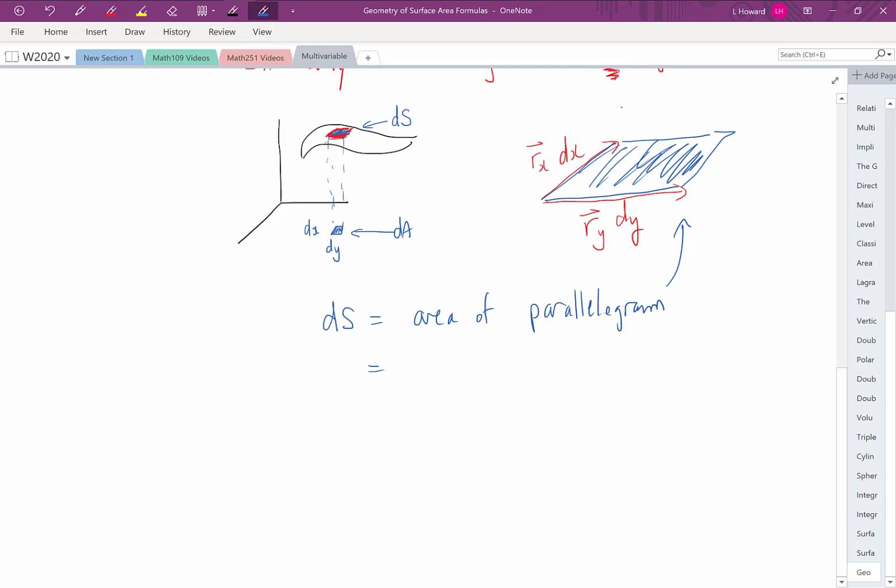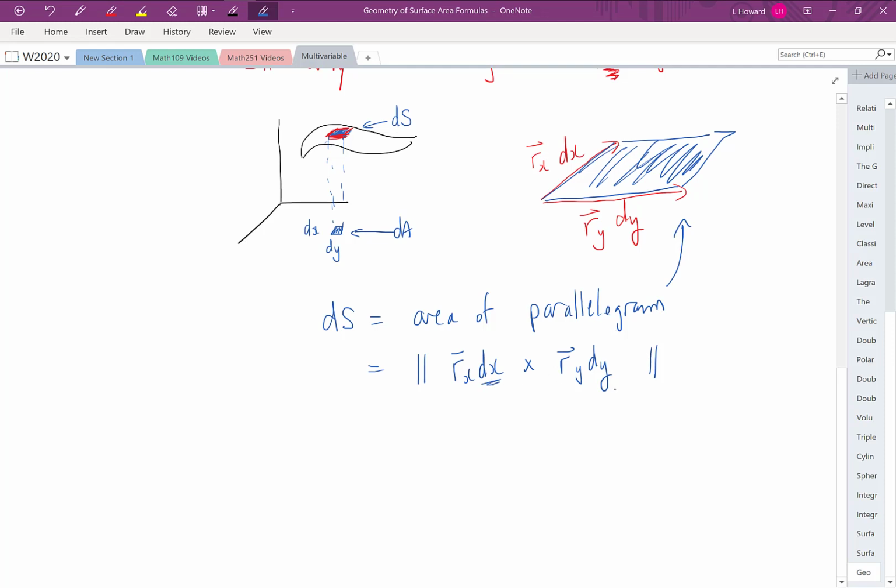So if you know the two vectors that are forming the sides of your parallelogram, you can say your area is going to be the length of the cross product of those two vectors. So we are going to take the cross product of r sub x dx times r sub y dy. That's going to give us a vector in 3D, and then we'll just calculate the length of that to find the area of our parallelogram.